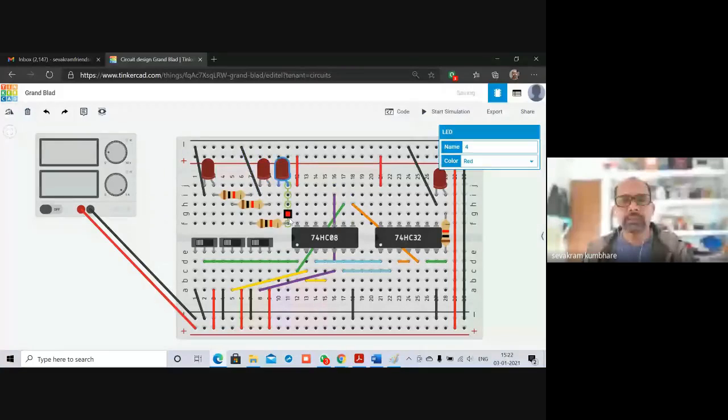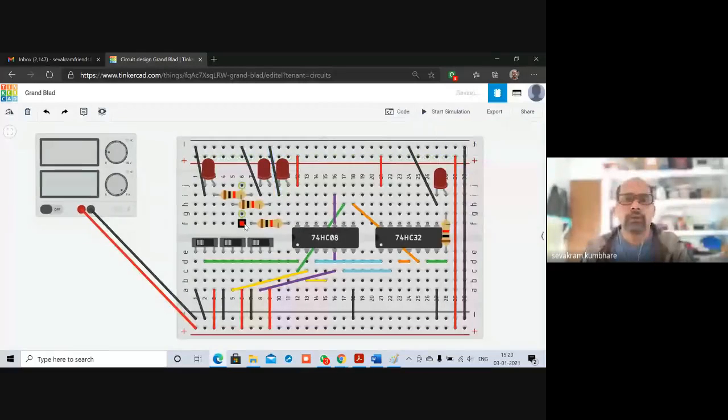Just see, and I'll let you know what I have done just now. Okay, now this is input A, this is input B, and its output is this.